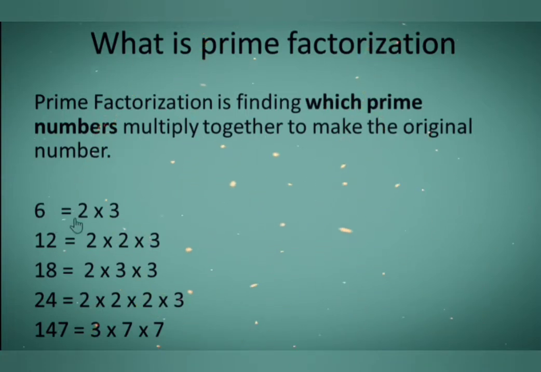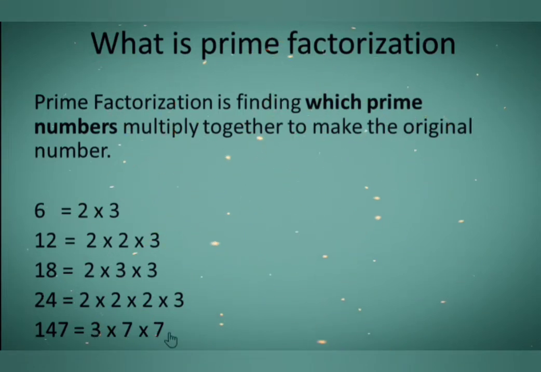To understand this more, let us take one example of 6. When we find the prime factors of 6, we get 2 and 3. And when we multiply 2 times 3, we get 6 only. Now if we find the prime factors of 12, we get 2 times 2 multiplied by 3.